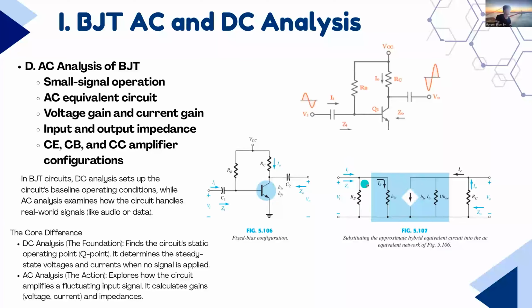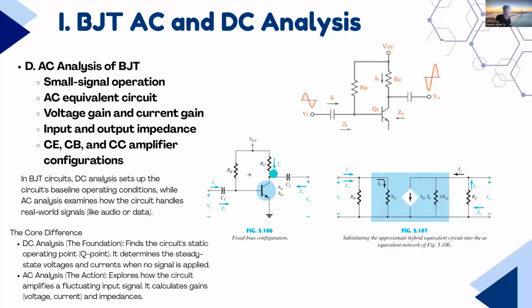And then we will have h sub ie from the transistor, and also 1 over hoe also from the transistor. And then since this is the ground, we will flip this RC as the ground here. And then since this is connected to the output, this is the output.